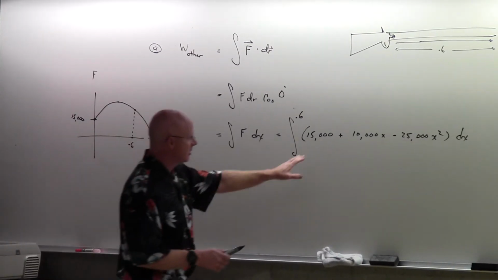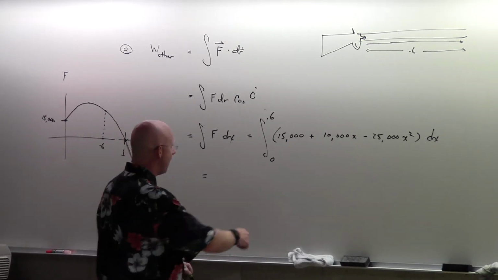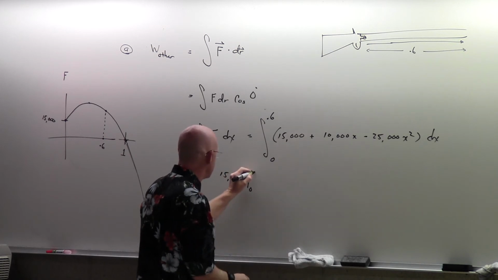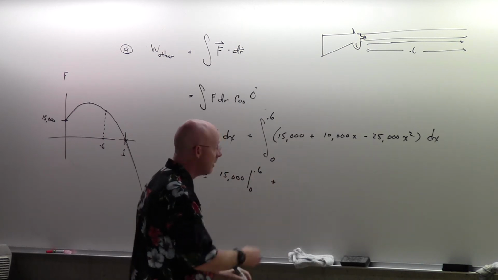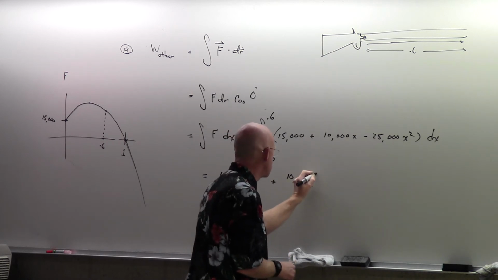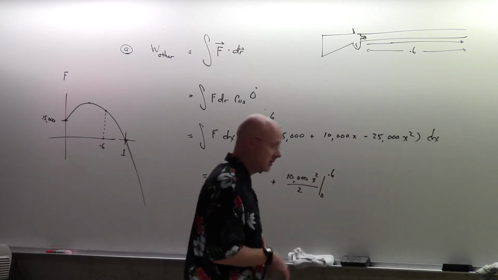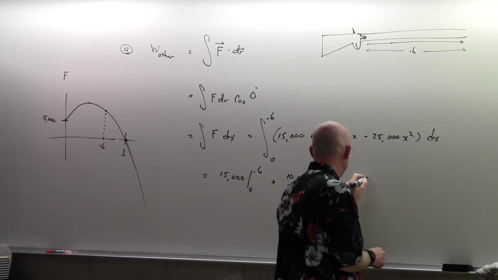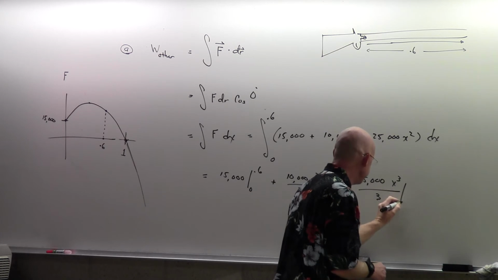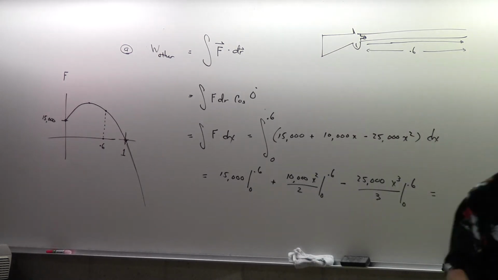Integrate force and distance. So in my case, I would have 15,000x evaluated from 0 to 0.6, plus 10,000 x squared over 2 evaluated from 0 to 0.6, minus 25,000 x cubed over 3 evaluated from 0 to 0.6.